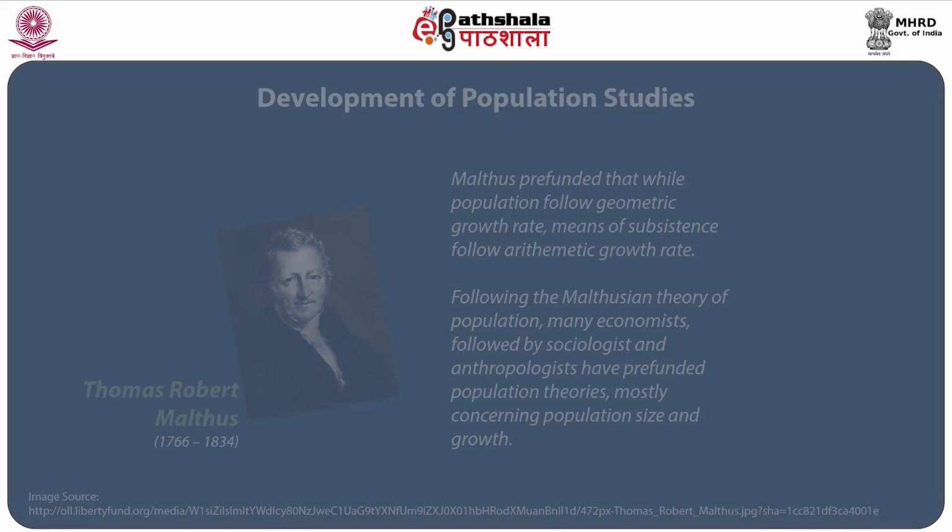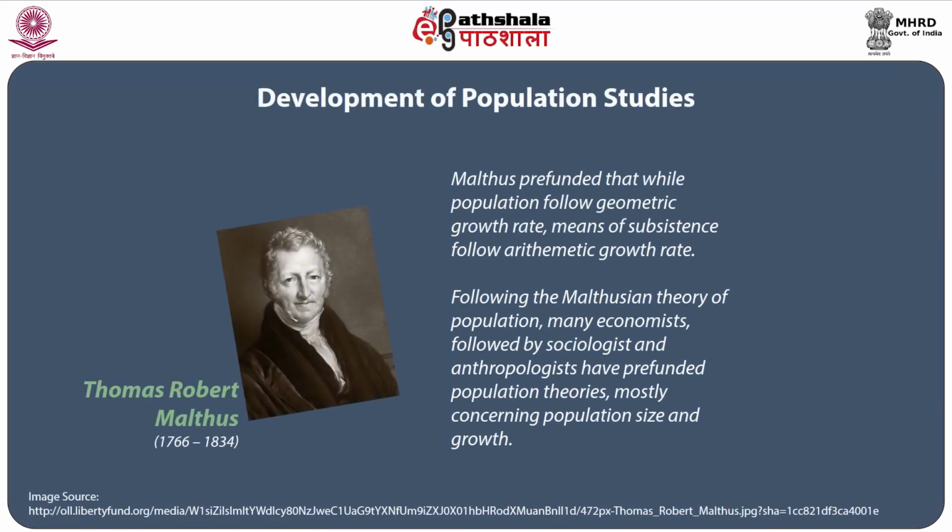This was followed by the famous theory of population by Thomas Robert Malthus. He propounded that while population follows a geometric growth rate, means of subsistence follow an arithmetic growth rate. Thus, population numbers would outstrip means of subsistence in future until there is a check on population growth.